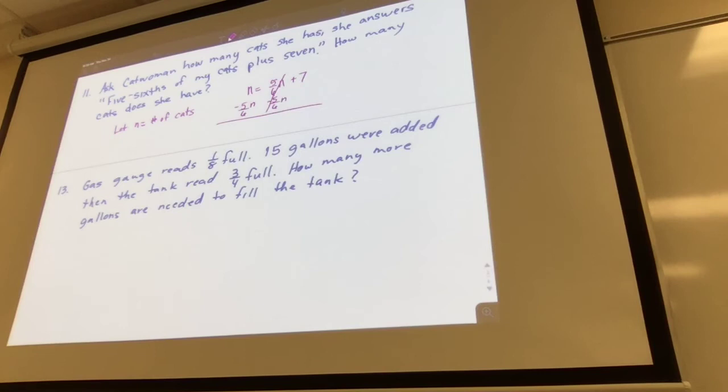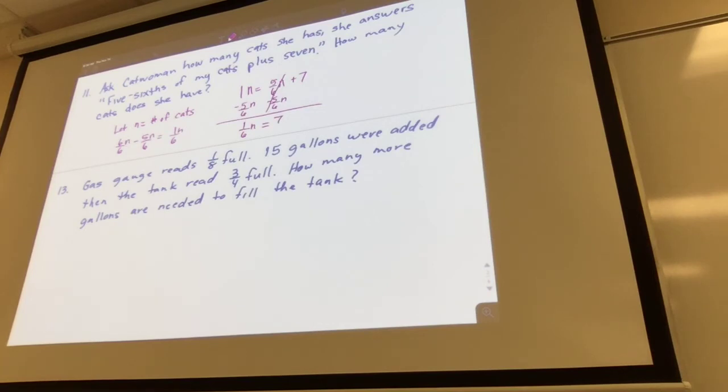So now I have 1 n. You can put 1 as a placeholder. But 1 minus 5/6, remember 1, if I rewrite 1 as a fraction, 6 over 6 is just 1. Minus 5 over 6, just getting a common denominator, that would give me 1/6 n is equal to 7.